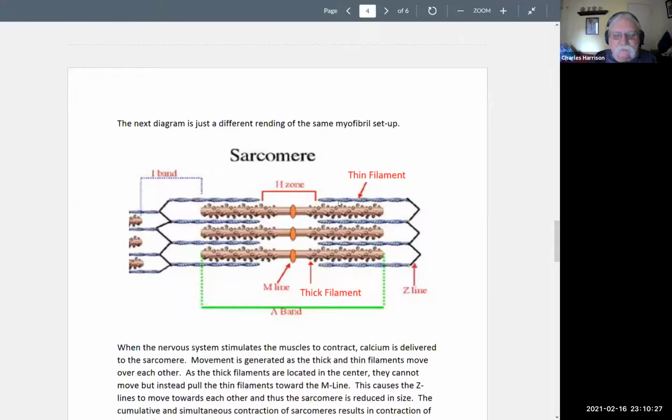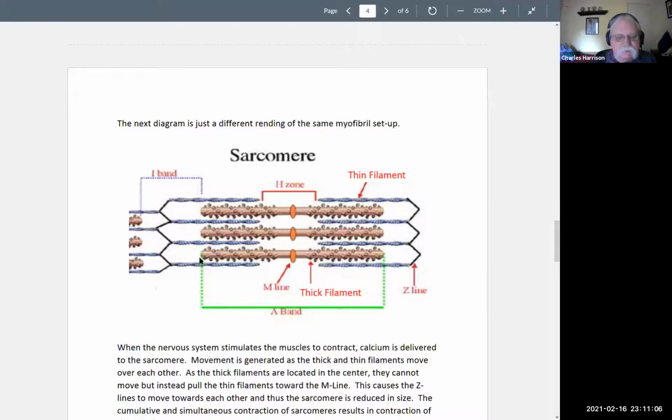The thin filament is here, and here's the Z line, the zigzag line. There are more thin filaments sticking in between the thick filaments, but they're not touching when the muscle is relaxed. The thick filament can spin on its long axis, but it doesn't do it any good. Thin filaments can't spin on their axis at all.